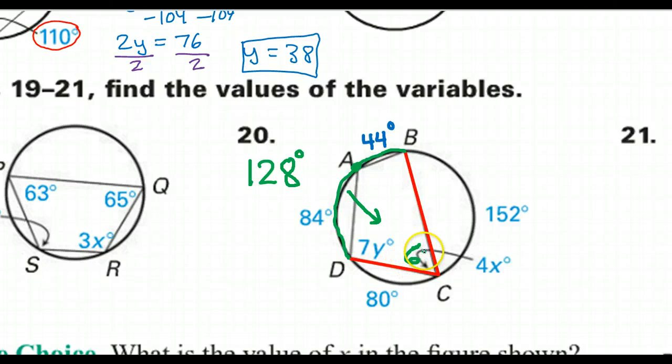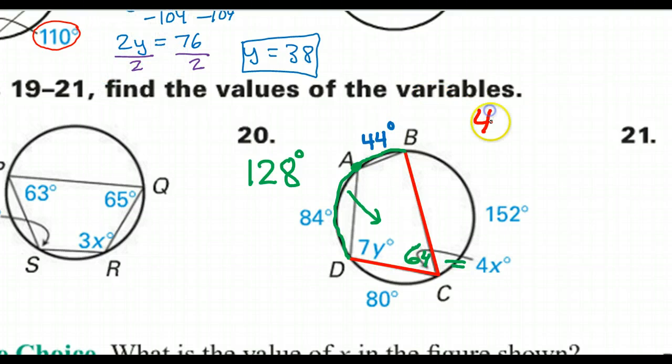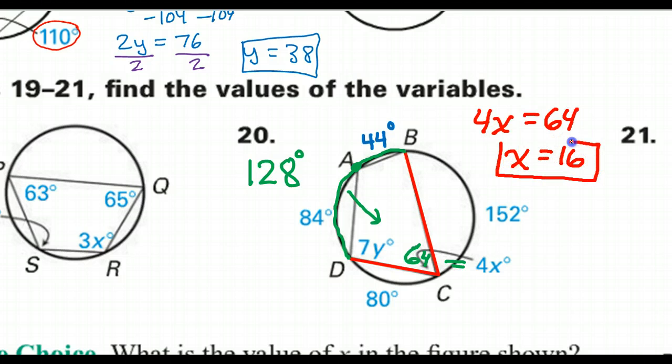So this red angle here is 64. So 64 should equal 4x, since that's the expression that we're given. So another way to do this would be to go, okay, 4x must equal 64. Dividing by 4, again, x equals 16.